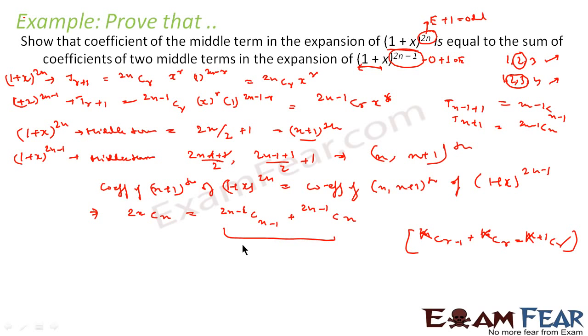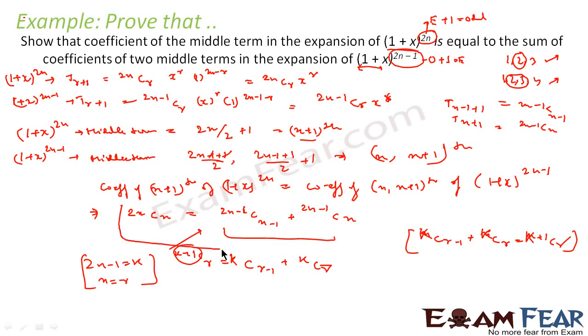So this becomes kC(r minus 1) plus kCr, and this should be equal to (k plus 1)Cr. If you see, k plus 1 is nothing but 2n, and r is n. So this formula is proved. This is correct, and that's the answer.